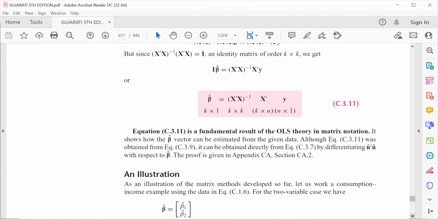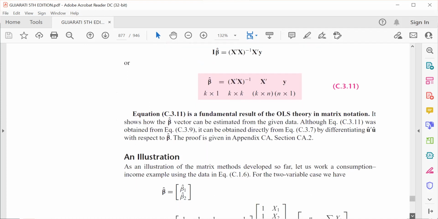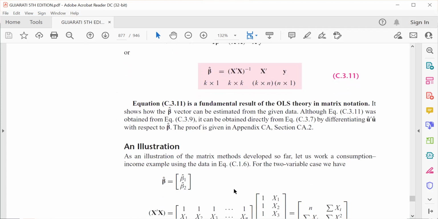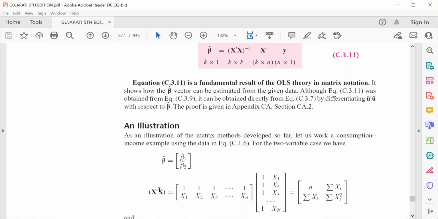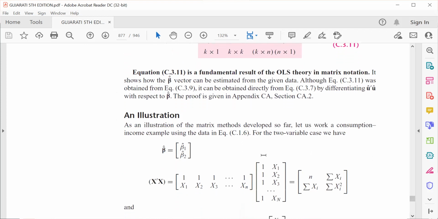Okay, let me explain with this example. We have only two parameters here, beta 1 and beta 2. So we have X prime X. We have X and X prime, where the rows become columns and the columns become rows. Here, 1 times 1 plus 1 times 1, until 1 times 1, we get n, the number of samples.